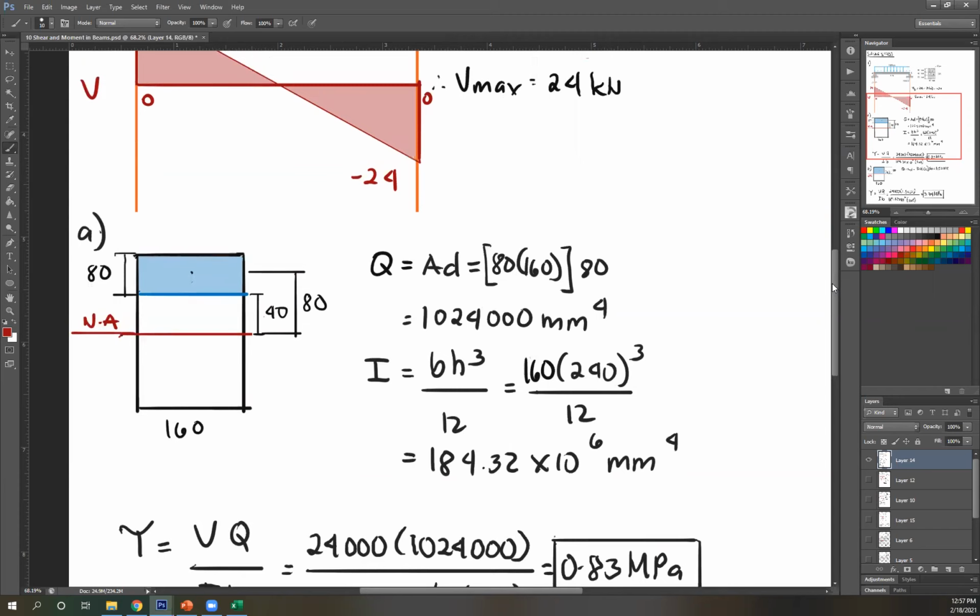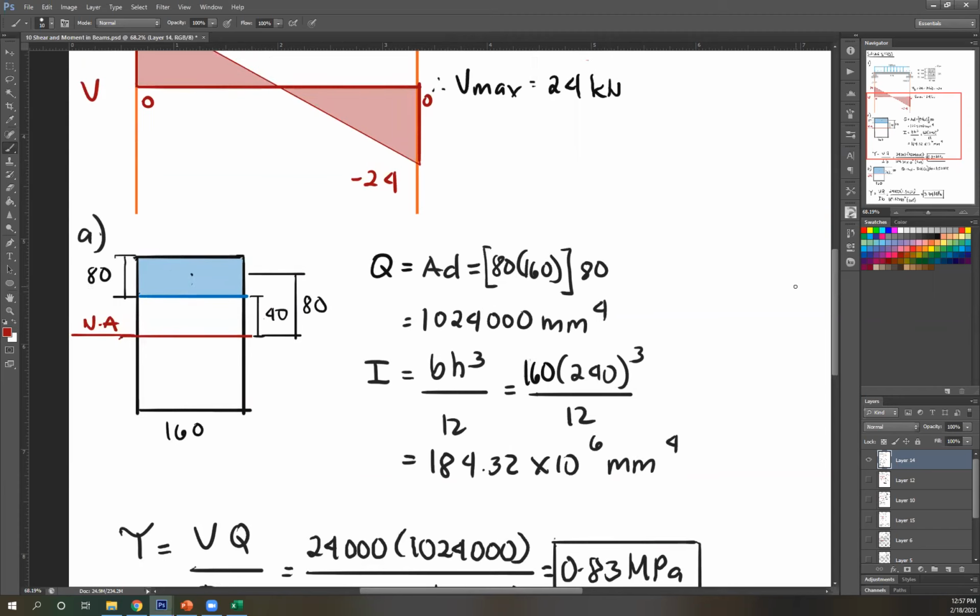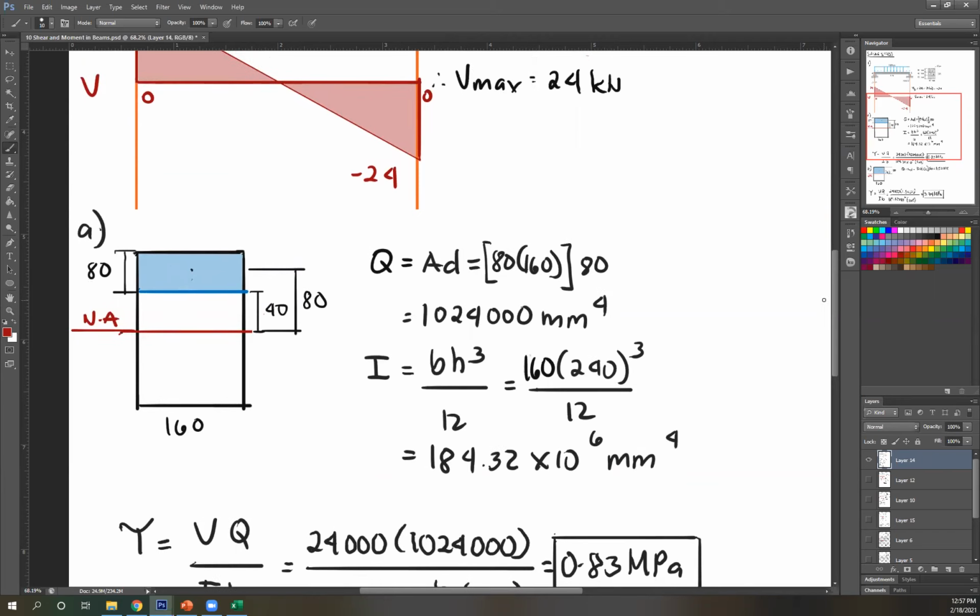Next, I. This is a rectangle, so that's just BH cubed over 12. Now, when considering glue, it doesn't matter. For moment of inertia, you're still going to consider the total cross-sectional area, and the total cross-sectional area is a rectangle. So B is 160, total height is 80, 80, 80, that's 240. 80 times 3, cubed, over 12.